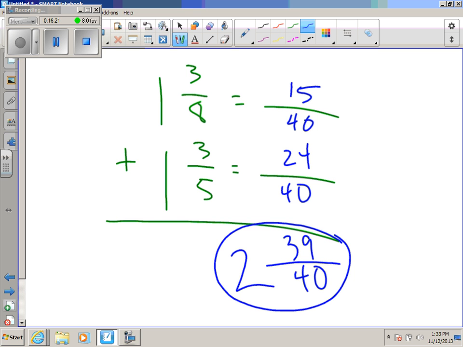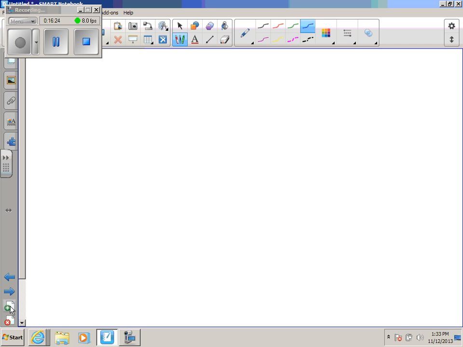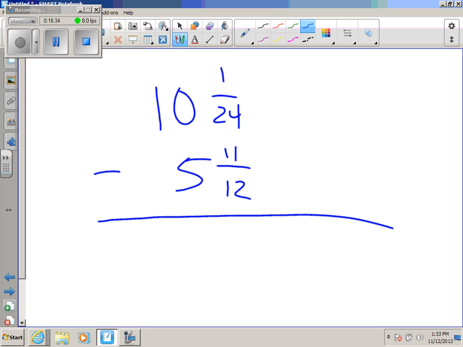Number 20. And we said we were going to subtract. Here it might get a little bit interesting. We'll use 24. There's my 1. There's my 22. Now, here, what is the problem?